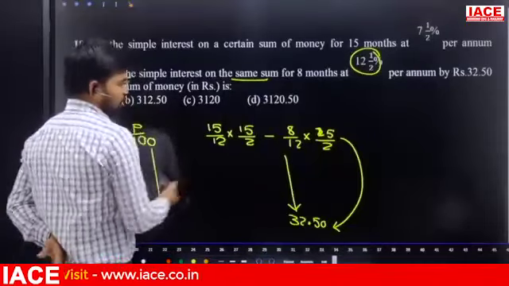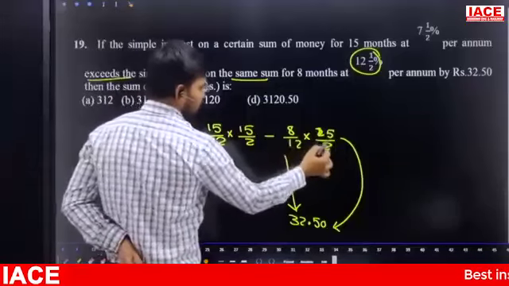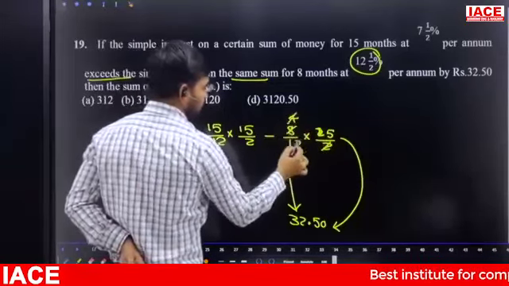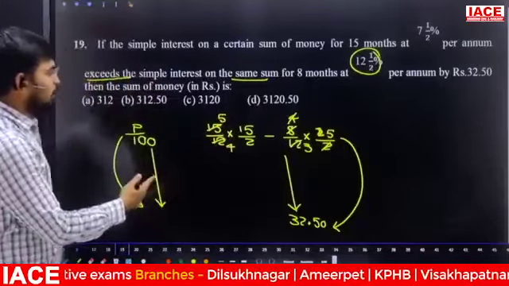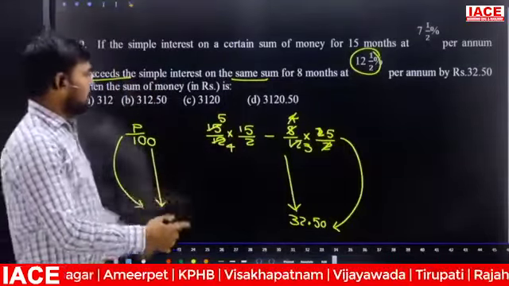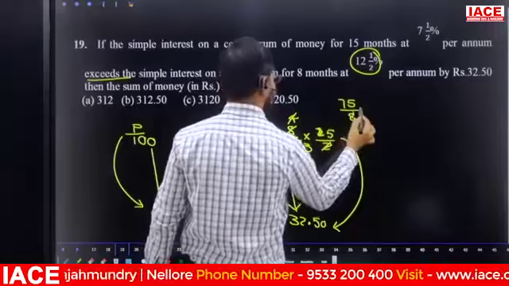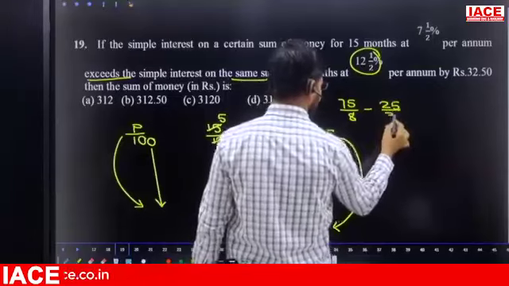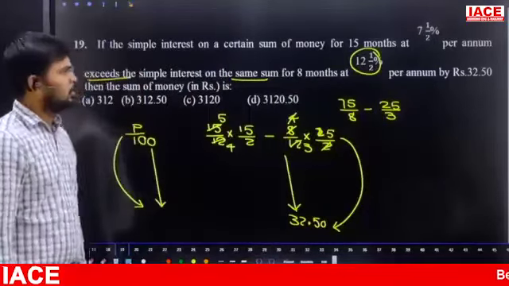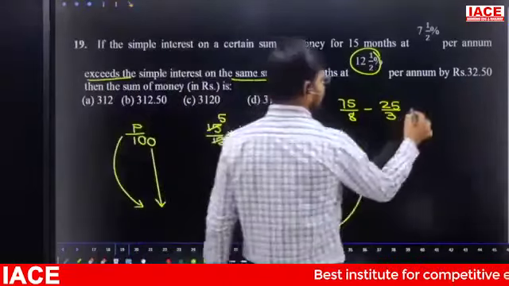So here, if we cancel, 2 1s are 2, 4 1s are 4, 3 5s are 15, 3 4s are 12, and 75/8 minus 25/3. What is the LCM? 24.